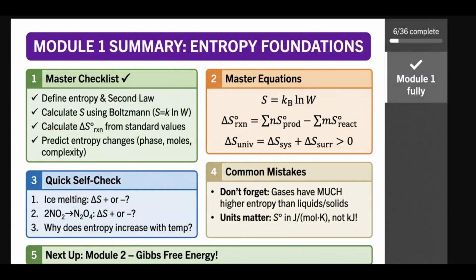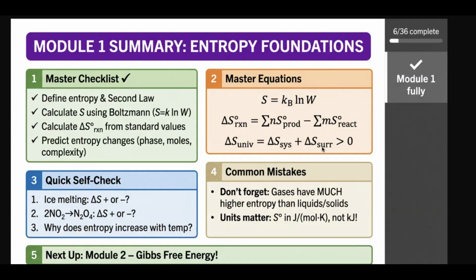And if the molecule is more complex, then the entropy will increase. Your master equations for module 1: we will ignore this equation. Then we have the delta S node of reaction equals the sum of S node of products minus that of reactants, and delta S of universe equals delta S of system plus delta S of surroundings, which must always be more than 0.